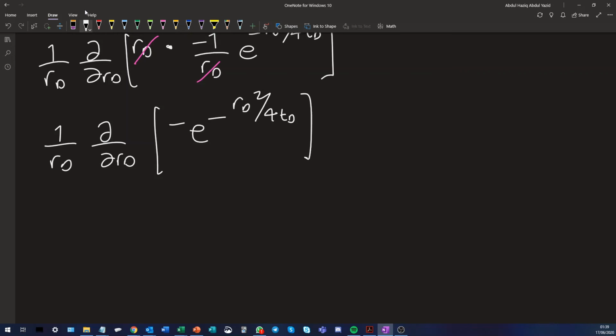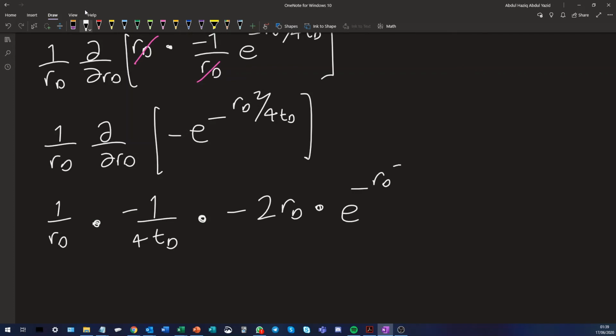So now all we need to do is differentiate this term with respect to r sub d, which is simple enough. So again, we can take out some constants over here. So we'll get negative, or at least, yes, it is negative 1 over 4 t sub d, multiplied by negative 2 r sub d, multiplied by e to the negative r sub d squared over 4 t sub d.